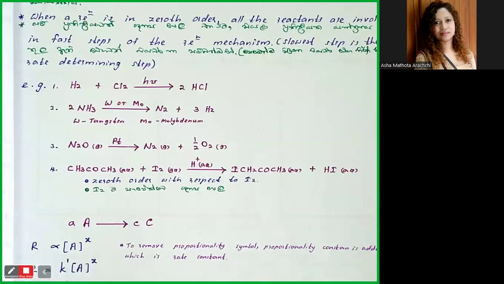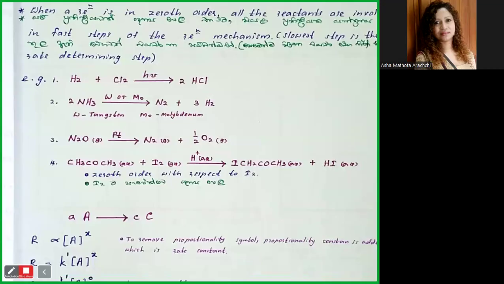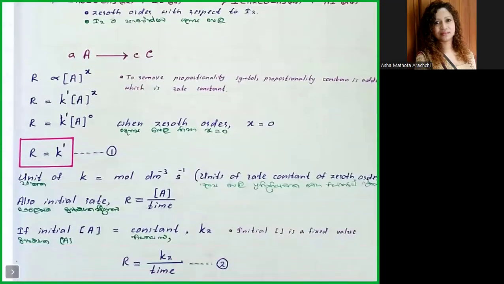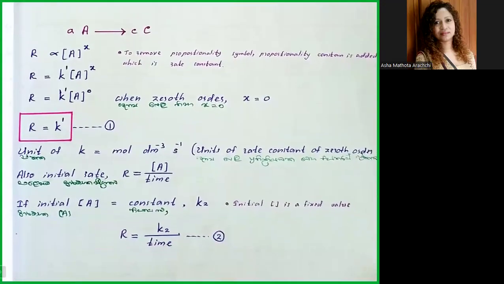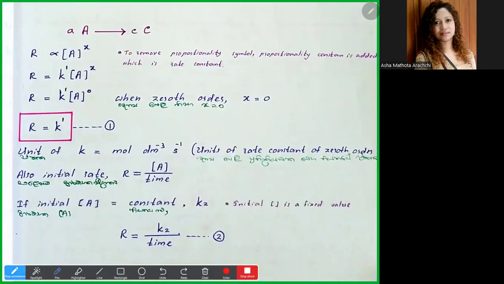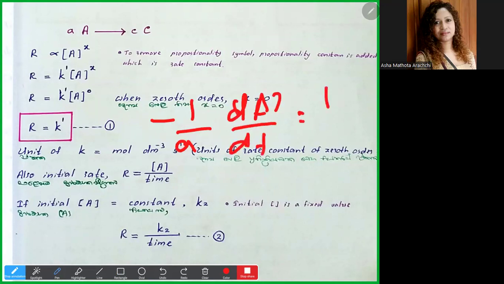Okay, so now we're going to start the real chemical kinetics from here. Here we're going to go with these rate expressions and also some graphs as well. Let's say with respect to A, this is 0th order. When we are writing rate expressions with respect to stoichiometry, how do we do that? We can write minus 1 over a, d[A] over dt equals 1 over c, d[C] over dt.